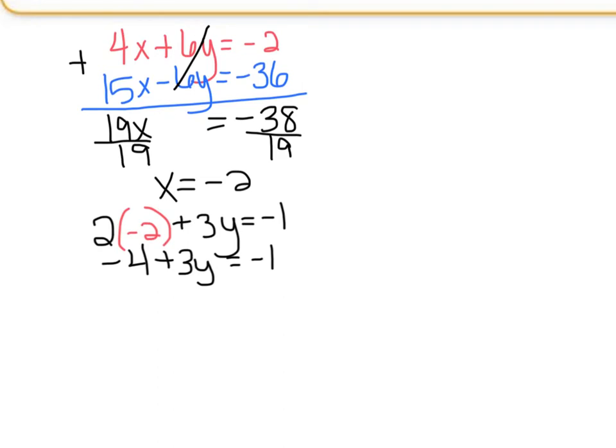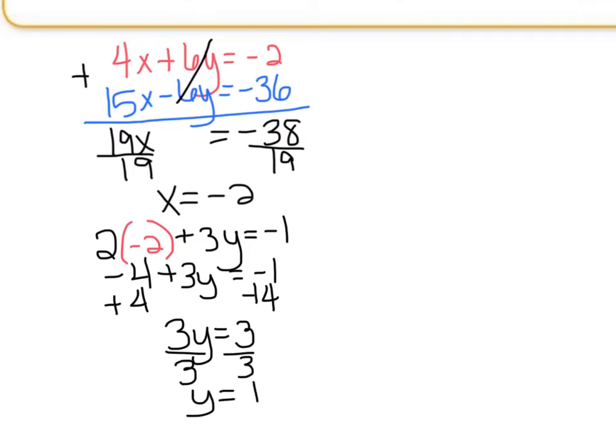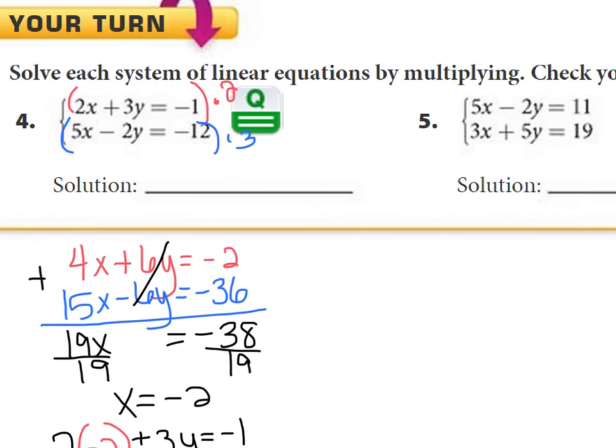So now to solve for y, I'm going to add 4. 3y equals 3. Divide both sides by 3. y equals 1, which means my answer is negative 2 comma 1.